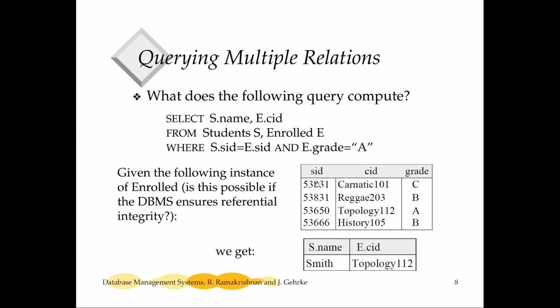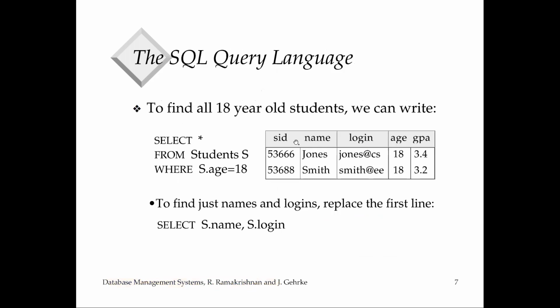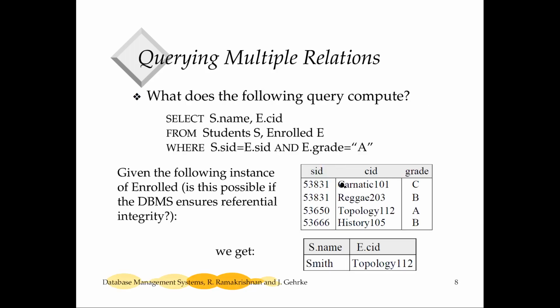So essentially, a foreign key is a primary key of another table that appears in another table. The fact that you have this student ID inside the enrollment table, and we know that this student ID is a primary key in the students table, makes it a foreign key inside this table.